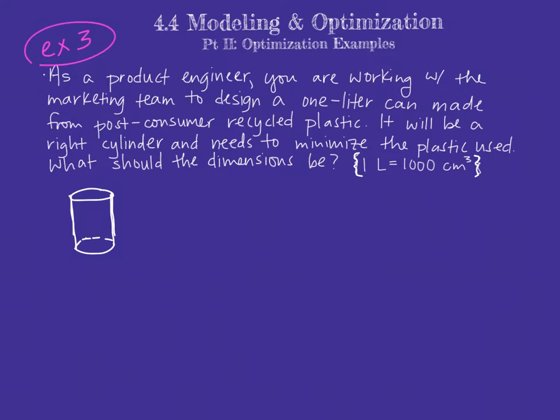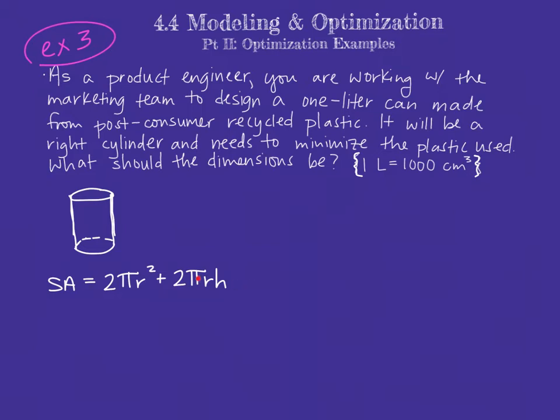And let's label this. We care about basically the surface area of this if we're thinking about it, because we want to create this. It's not going to be filled with plastic. It's just going to be made from plastic. So we care about the surface area. Now, the formula for surface area of a cylinder is right here.